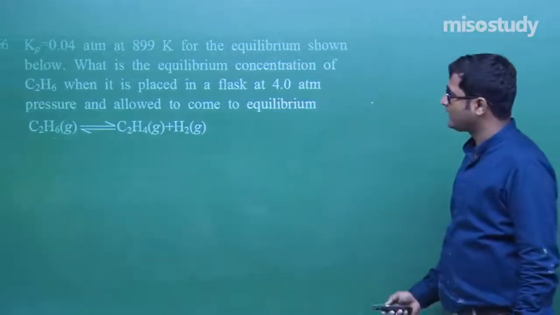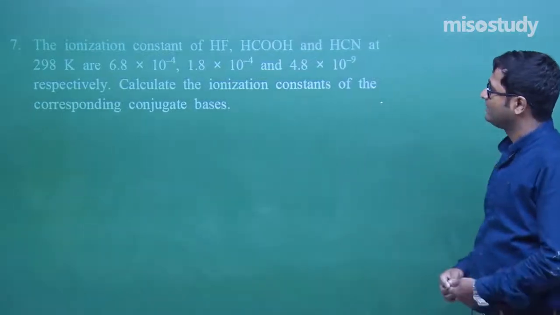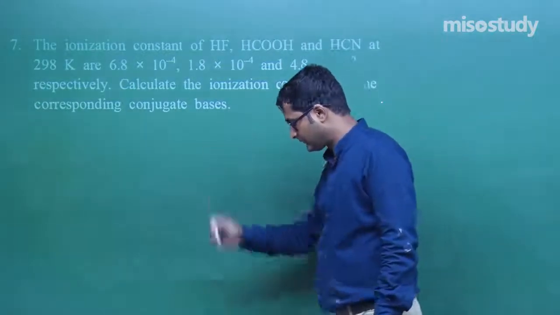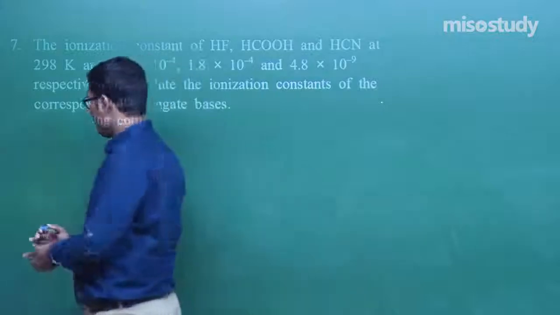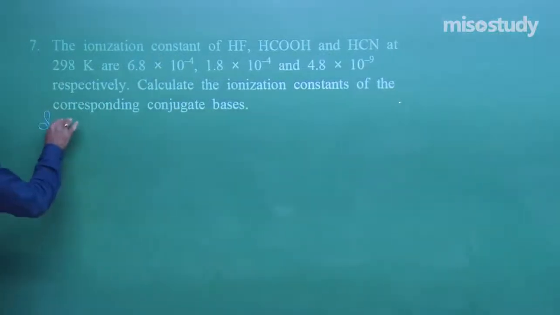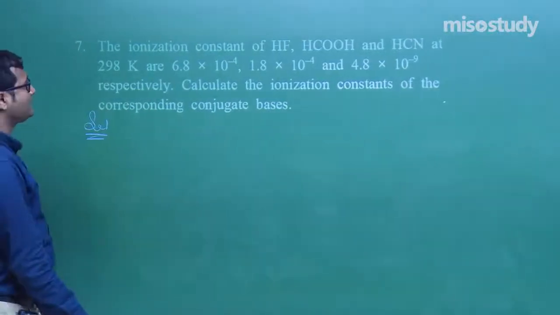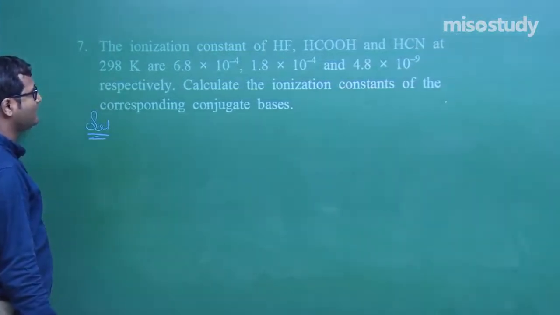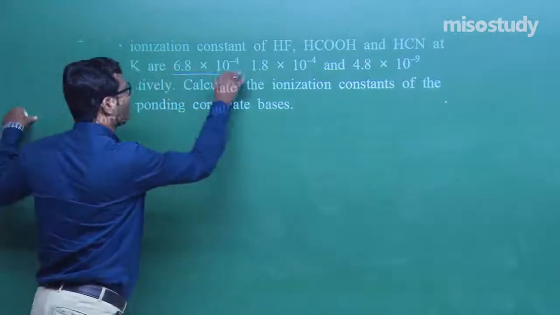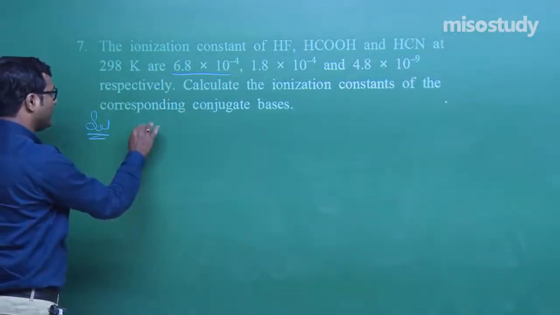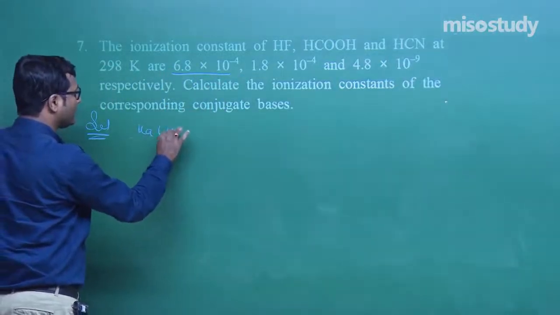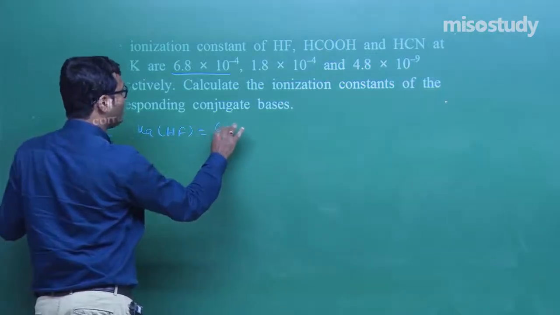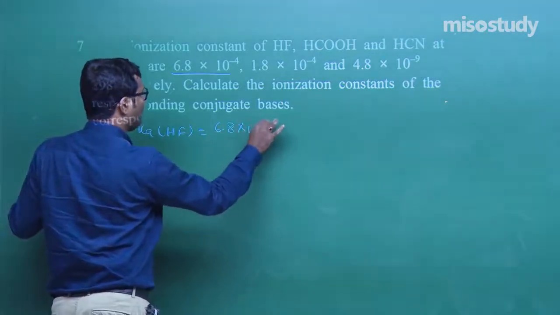Now, next one is question number 7. It's very simple. Clear? What is given here? The ionization constants are given. The Ka for HF is 6.8 into 10 to the power minus 4.